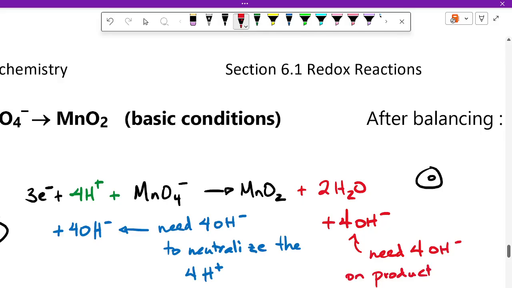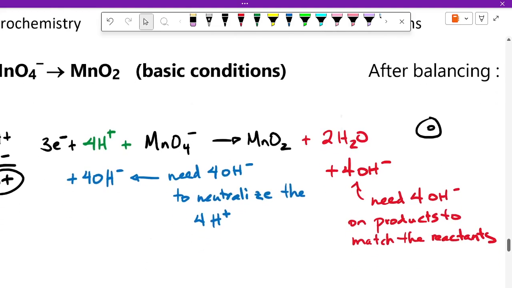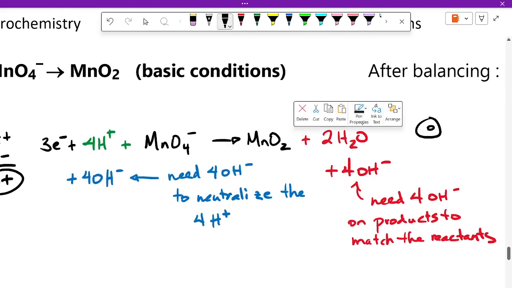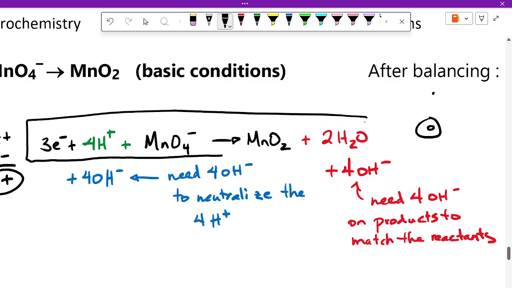So does it make sense that we have done this balancing in acid?